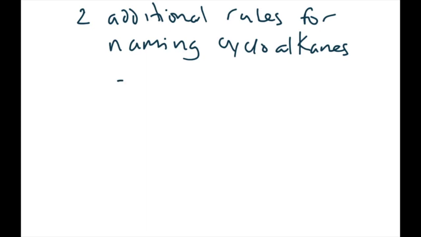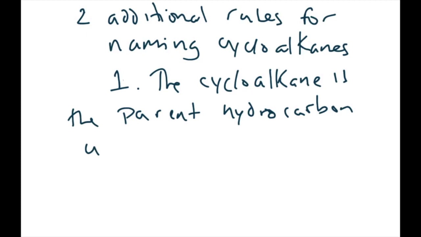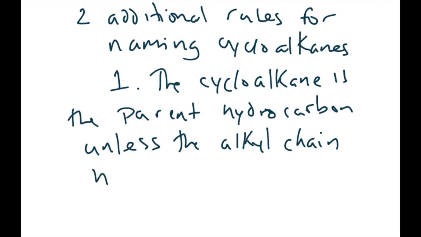Right, so the first one, the cycloalkane is your parent hydrocarbon, unless the alkyl chain attached to it has more carbons. Right, so we'll let you write that for a second, then I'll flip over to the next slide.